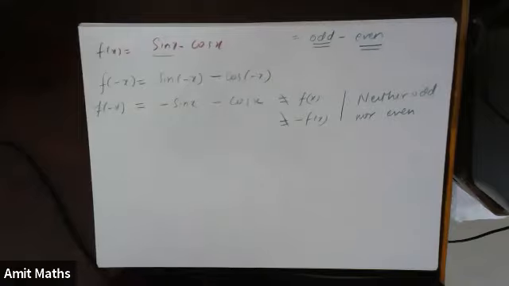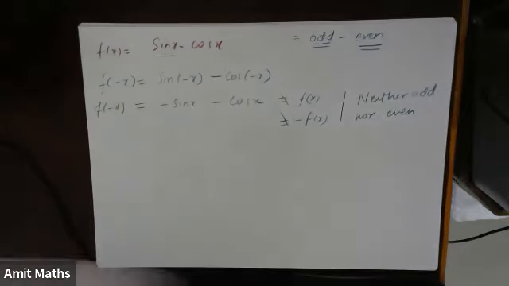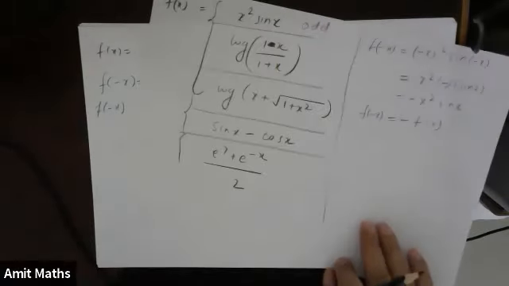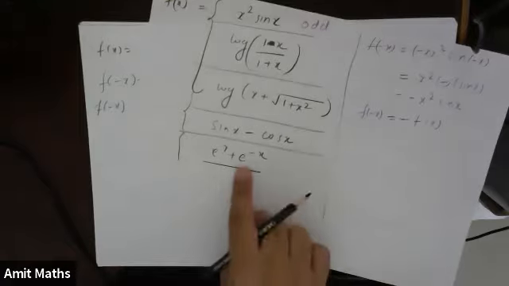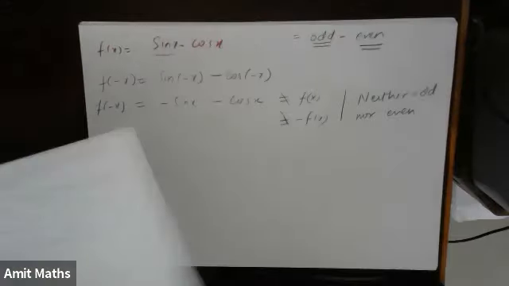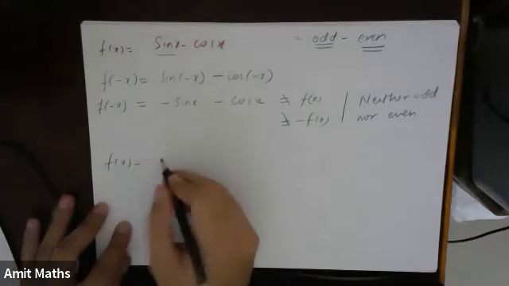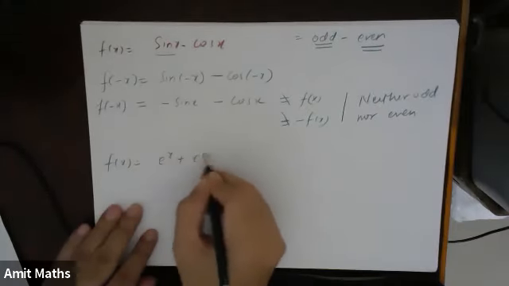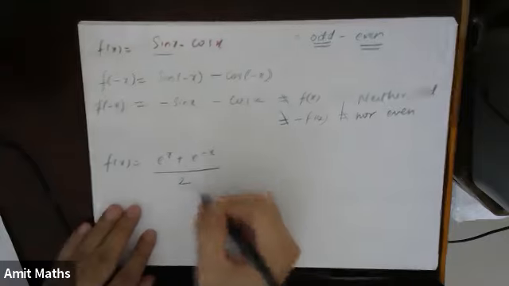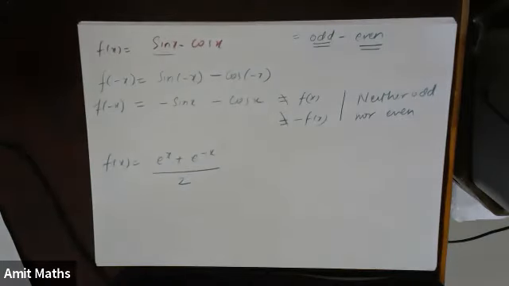Next part is e to the power x plus e to the power minus x. Just check for this one. This is f of x equals e to the power x plus e to the power minus x. Right? Check for this one.